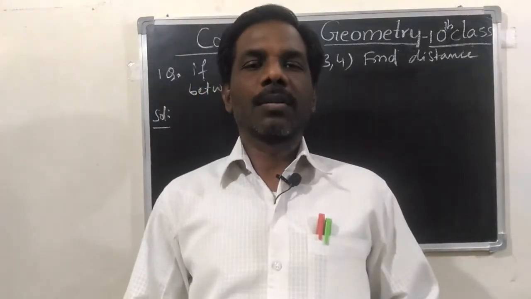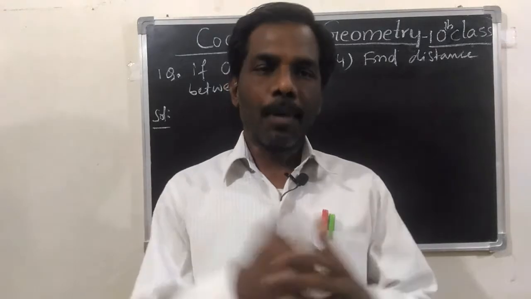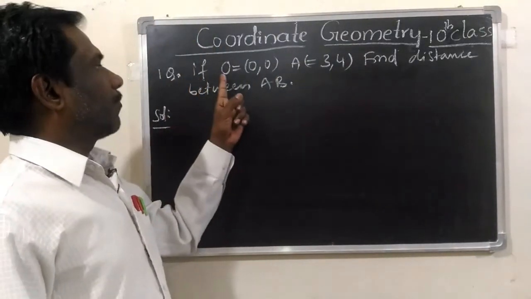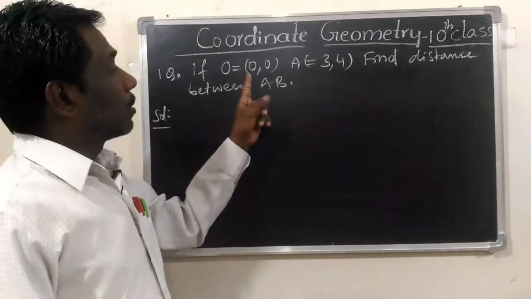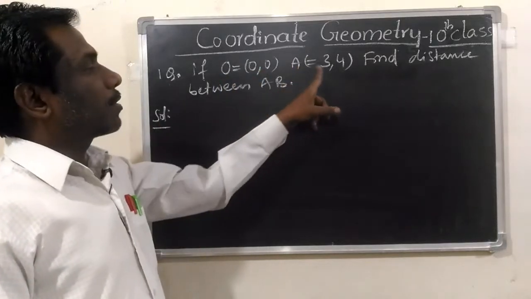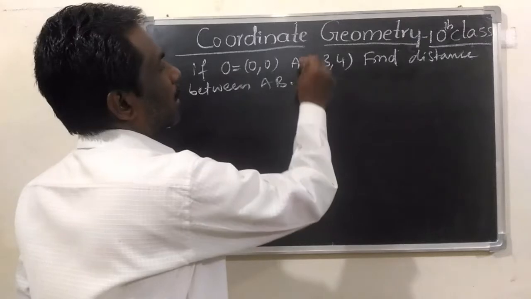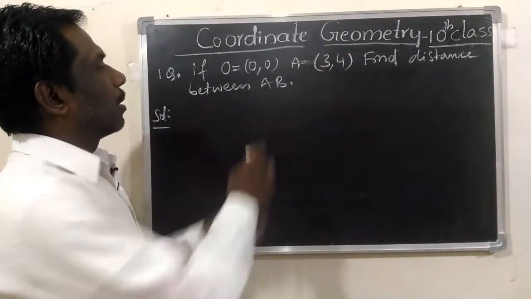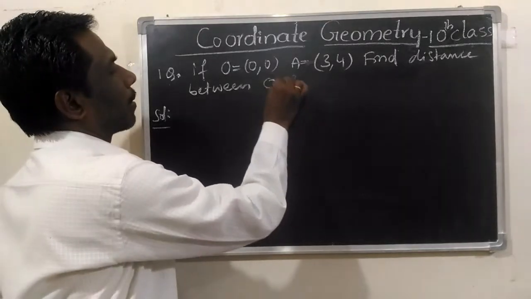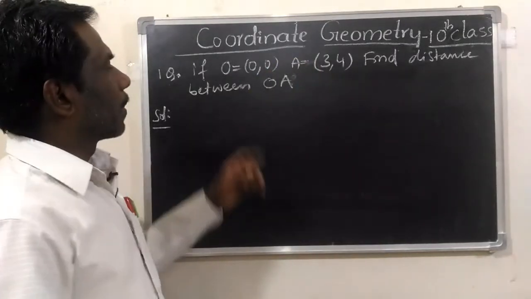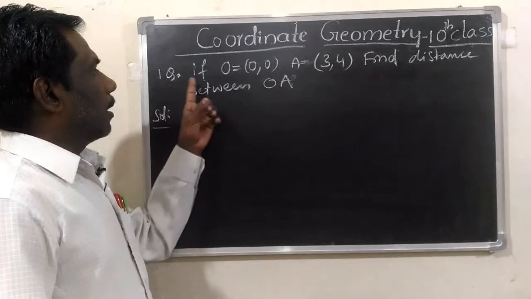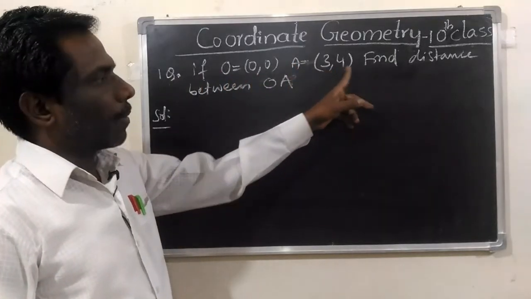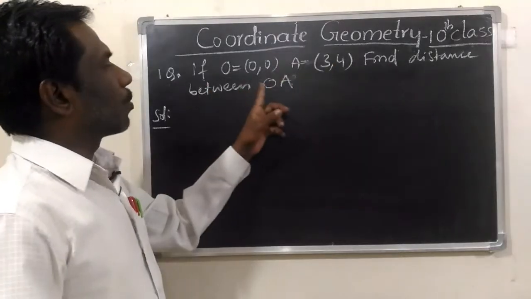Based on those formulas, now I am going to do some problems. See, here I have taken one question. First question: if O equals 0 comma 0, A equals 3 comma 4, find the distance between OA.